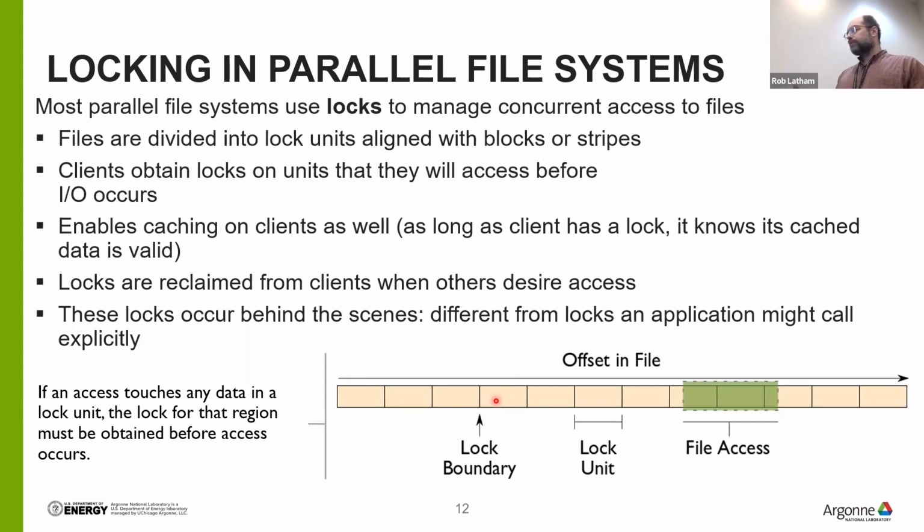Instead, each region of the file controls some number of bytes of data. But this file access in green here is now striding across, say, 3 different lock units. And so the file system will, under the hood, serialize and exclusively access those 3 regions.